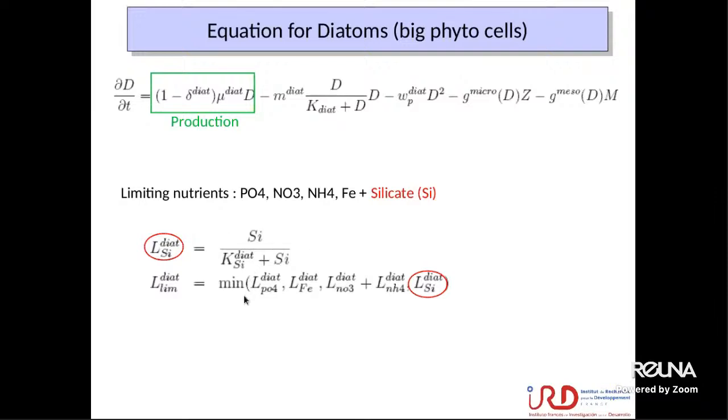So now the minimum is to be taken between the phosphate, iron, nitrogen, and silicate. Okay. Voilà. So with this, I have described almost fully this term of production by photosynthesis, or primary production.